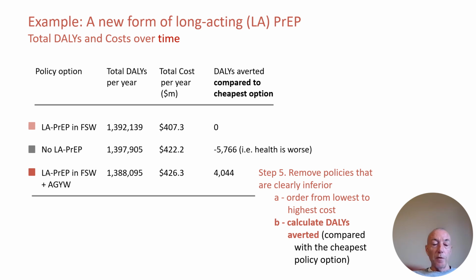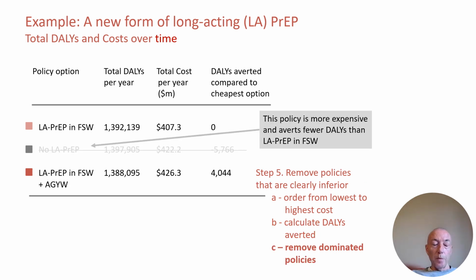So we've added this as a fourth row here. So the policy in black, which is not to introduce long-acting PrEP, as we've said, is more expensive than introducing it in female sex workers and also averts fewer DALYs. So this policy is dominated and we don't want to consider that any further.